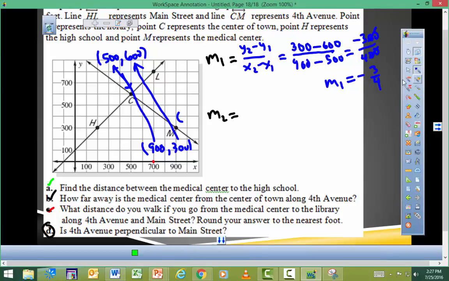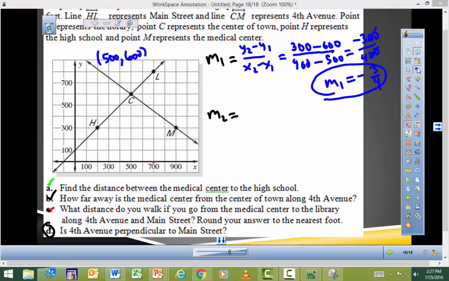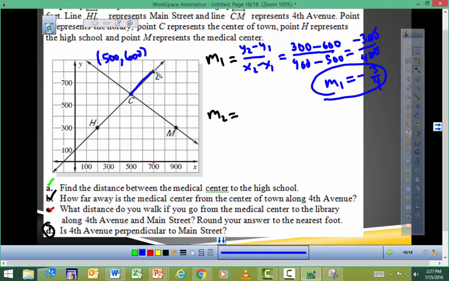Okay, so let's get back to business. Now what we need to do is find the slope going the other way. What is the slope going this direction? We have the coordinates of this point, and once again we need the coordinates from this point, which we said was 700 comma 800.